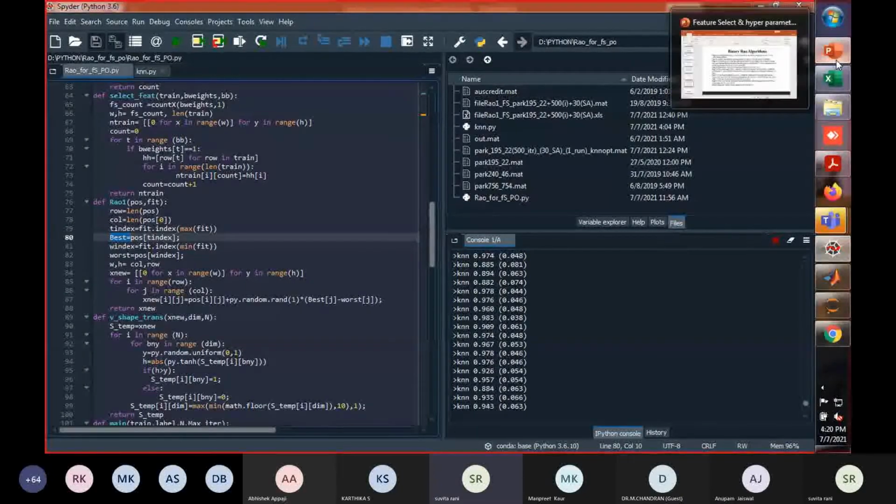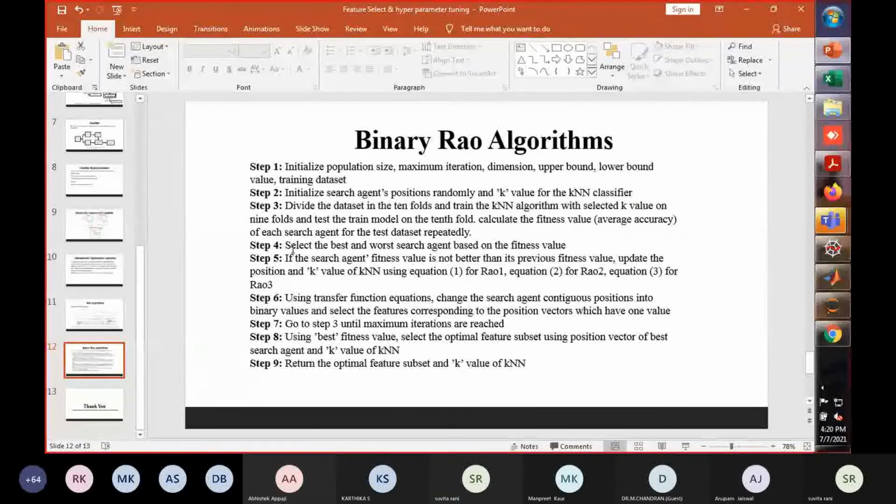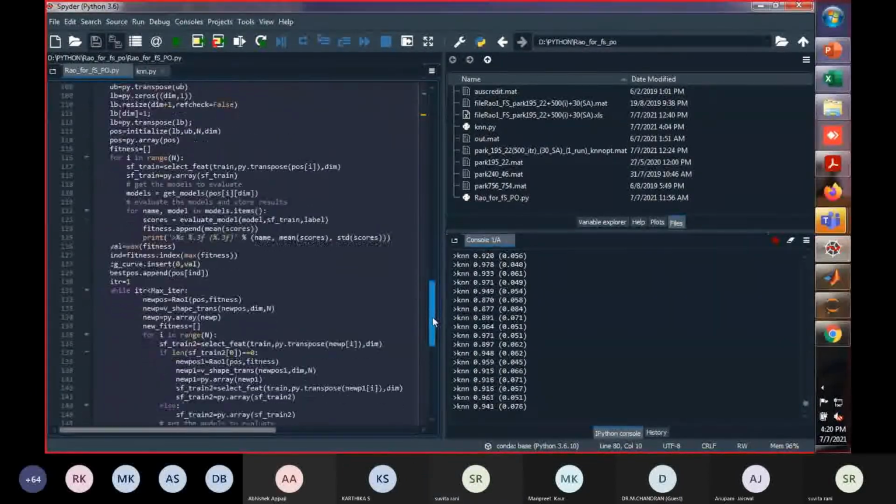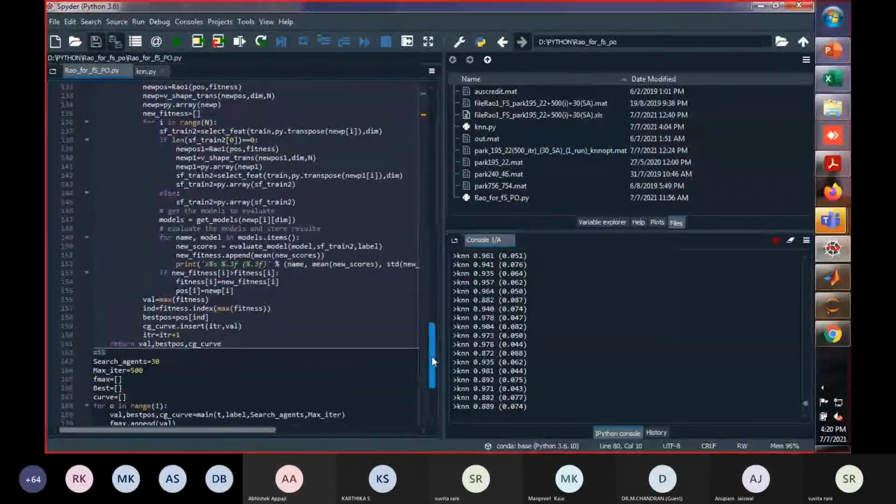The next step in the algorithm is, if the search agent's fitness value is not better than the previous value, then we update it. Here, this fitness vector holds the fitness of the previous position, and the new fitness is the accuracy value of the newly calculated position.